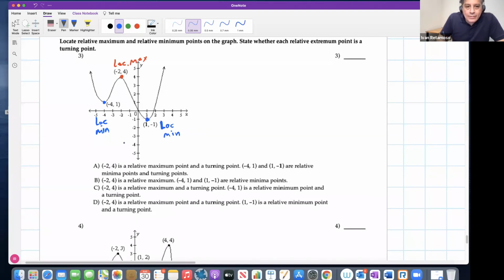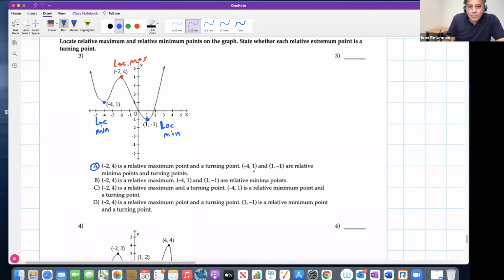So now when you identify this with the choices, be careful there. You will see that this corresponds to the first one. Negative 2,4, which is here, is a relative maximum, and a turning point, because they're all turning points.